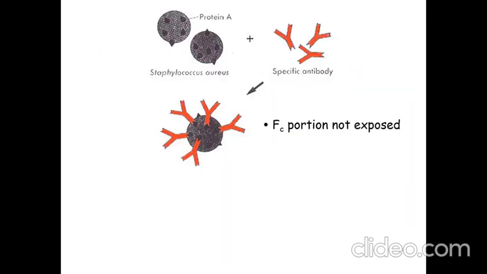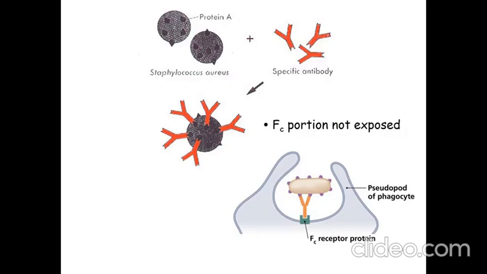So what this is doing is that Fc portion will not be exposed. It's being bound by the protein A. And that's important because if the Fc portion's not exposed, then it can't be attached to the phagocyte. So it won't attach that Fc receptor protein on the phagocyte.